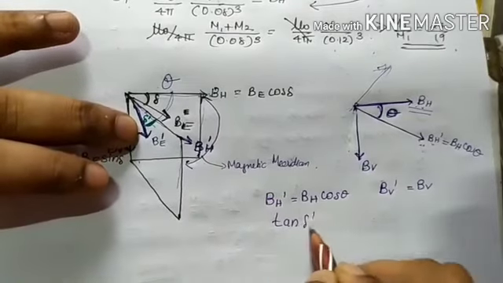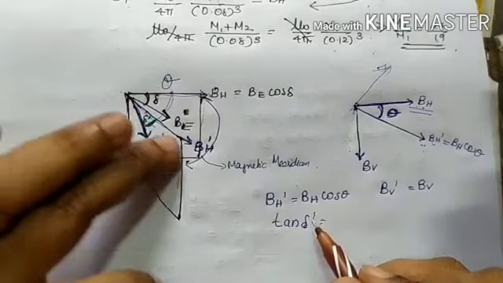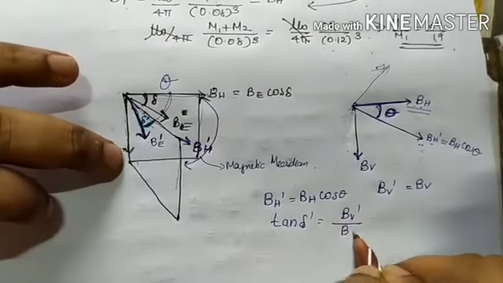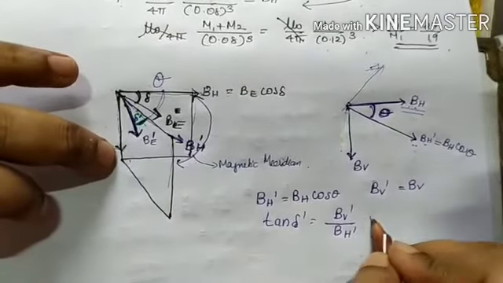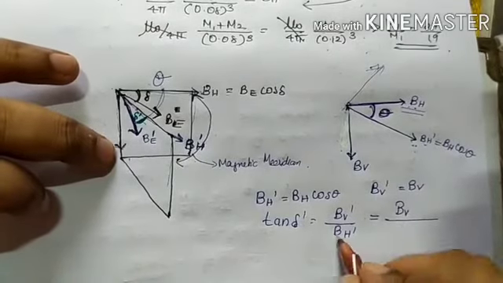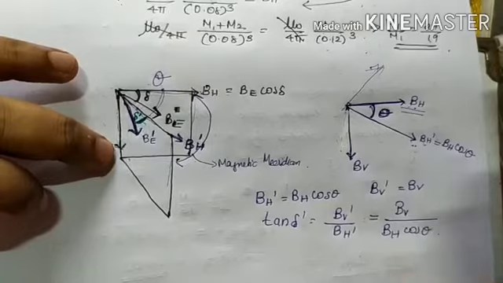Tan delta dash, just like the previous case, is vertical component by horizontal component, BV dash divided by BH dash. In place of BV dash I write BV, and in place of BH dash I write BH cos theta.